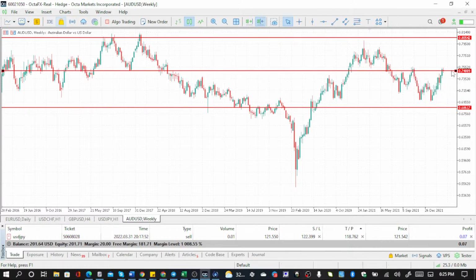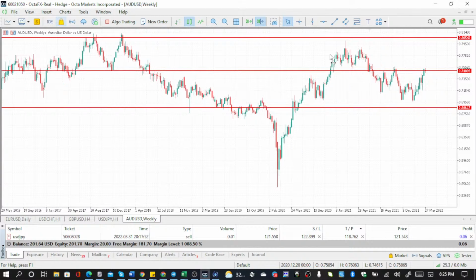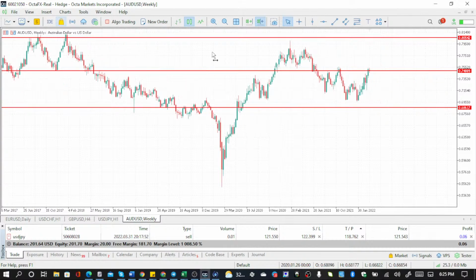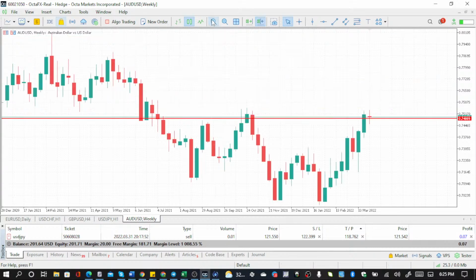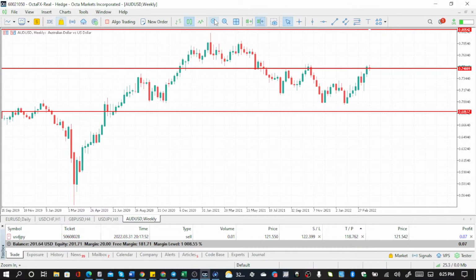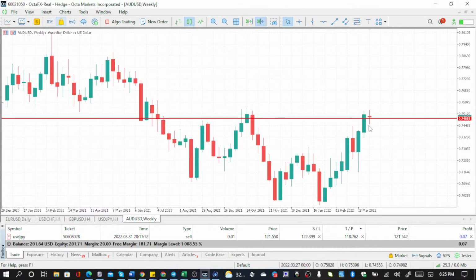Now this is what the weekly time frame looks like. If you look closely, you can see a full bodied candle with little or no wick to the top and the bottom before the current weekly candle.